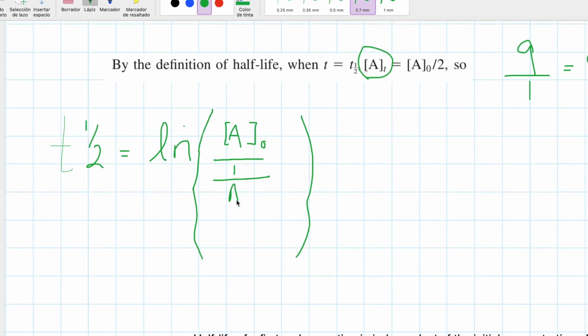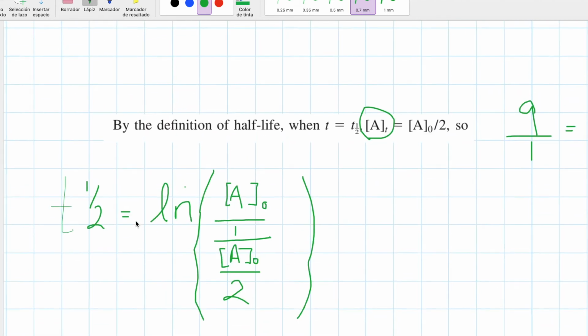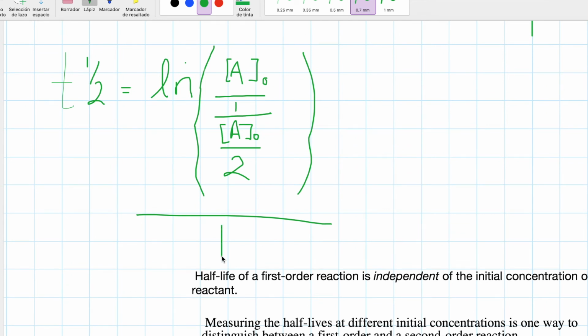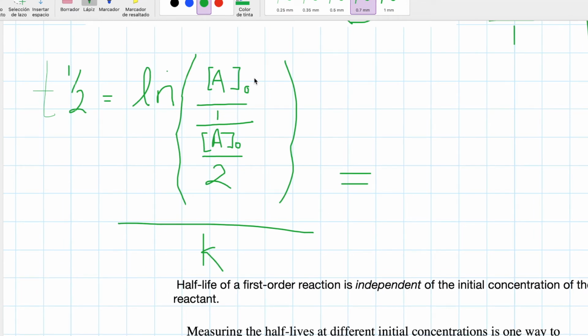It was over the current concentration, but now that we're solving for half-life, our current concentration is going to be our initial concentration divided by 2. So let's plug that in, and this all over k.